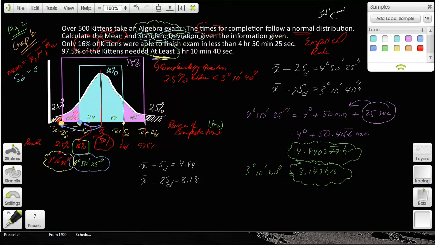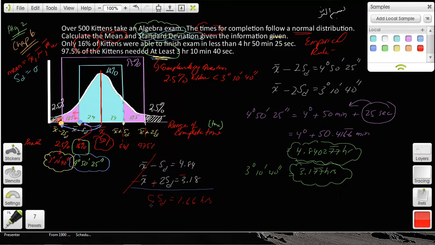Now solving this is not too difficult. What I personally would do is multiply this bottom equation by -1 and then subtract them, so the mean would disappear, and I would get 1 standard deviation equal to that minus this. This ends up being 1.66, and this is hours.